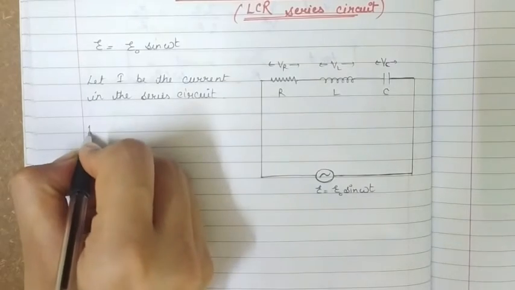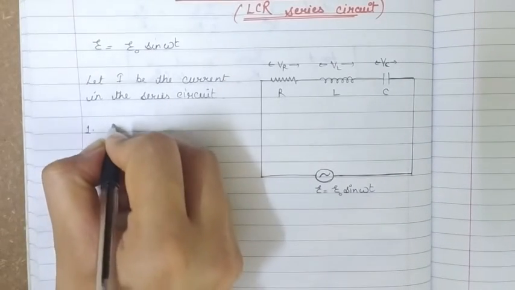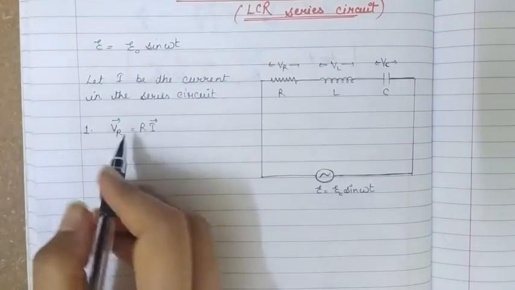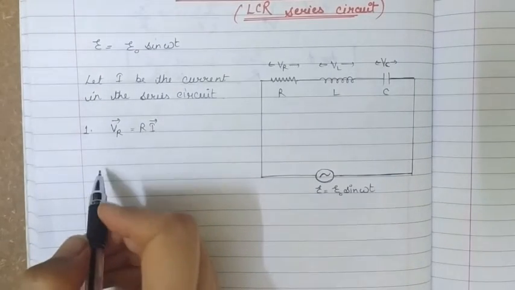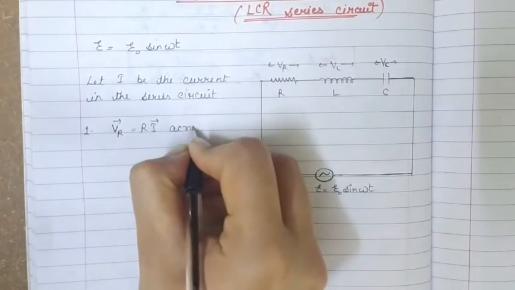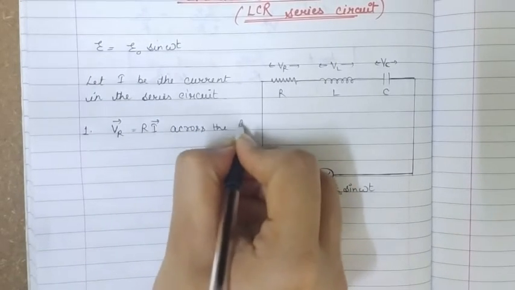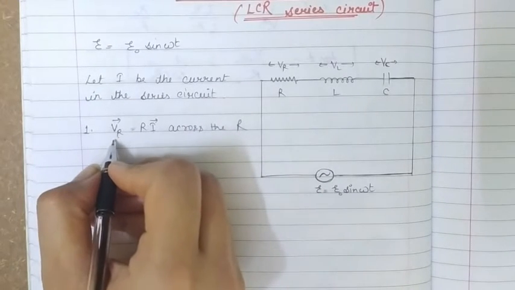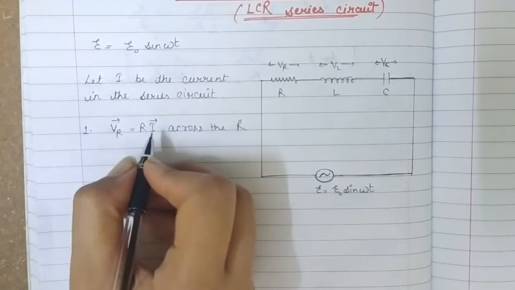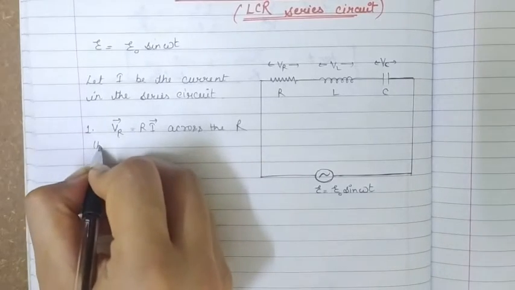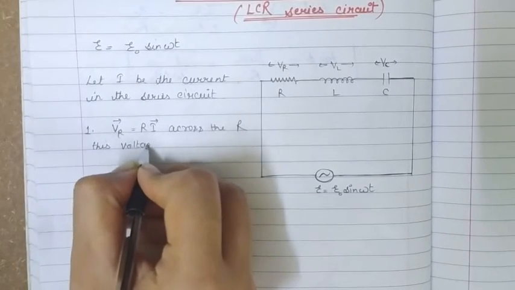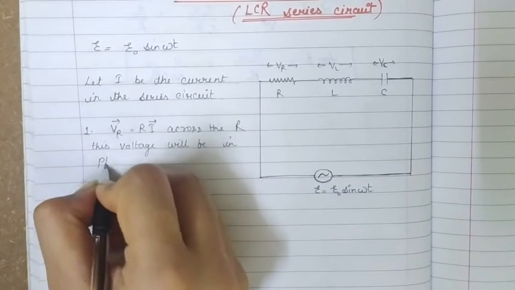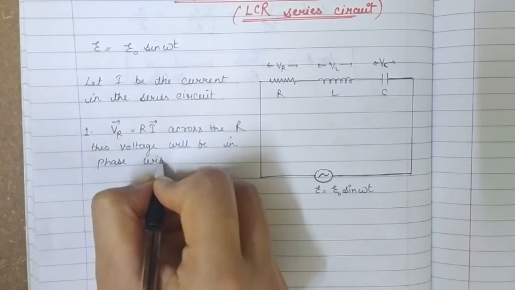First of all, for resistance the phasor for VR is equal to R times the phasor of I across the resistance capital R, and this VR vector will be in phase, that means in the same direction, with the current.